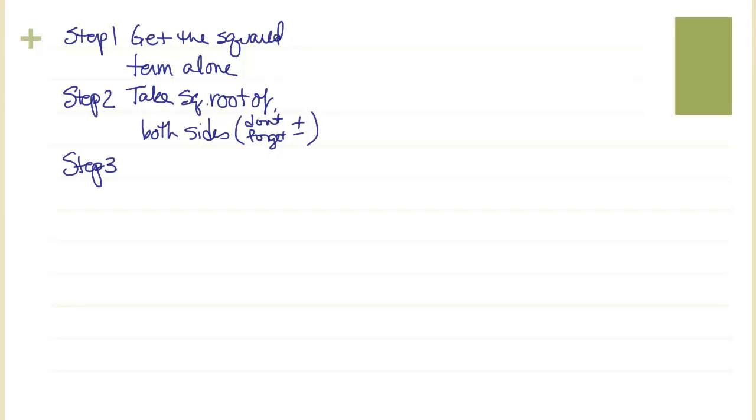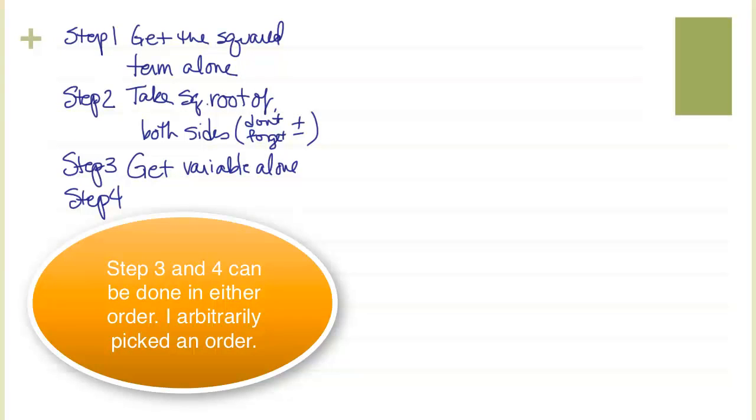Step 3 is going to be to get the variable alone. On our short little example, it was already alone, so we didn't have to do step 3. And then step 4, simplify. And again, I'm going to point you off to some other videos to remind you how to simplify if you don't remember how or why or when.